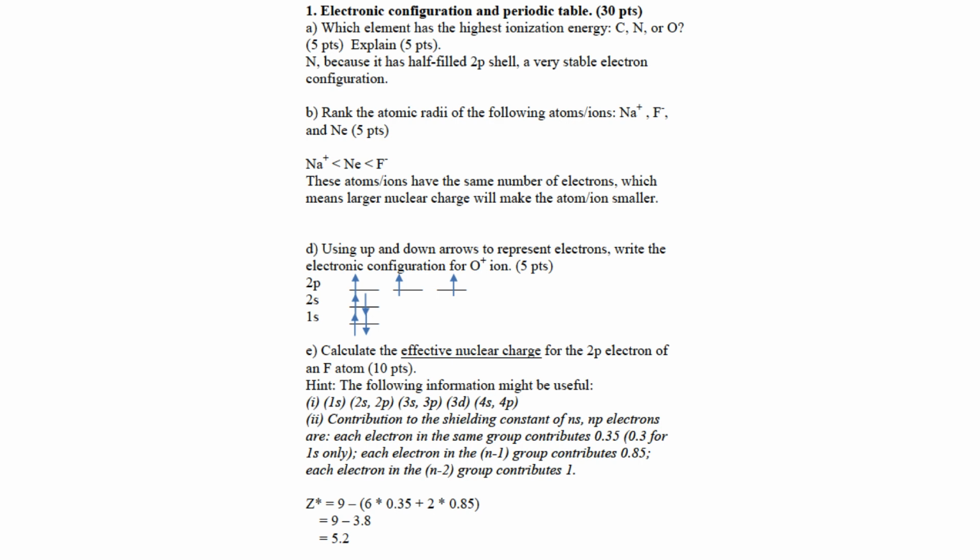Okay, I'm gonna skip 1D and 1E. So 1E, it was required last semester, but we did not discuss this in the lecture. So you're not required to calculate the effective nuclear charge, but rather you should understand the concept.